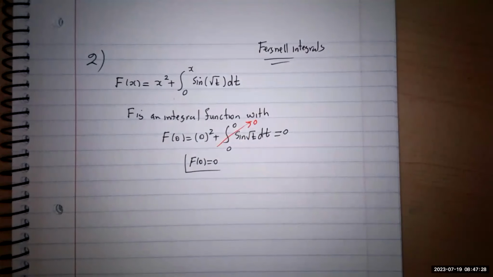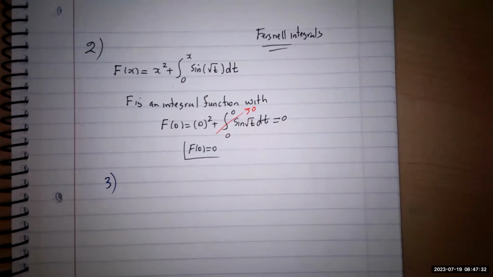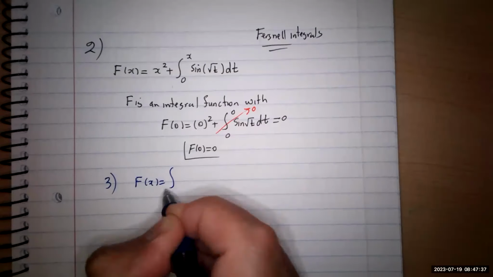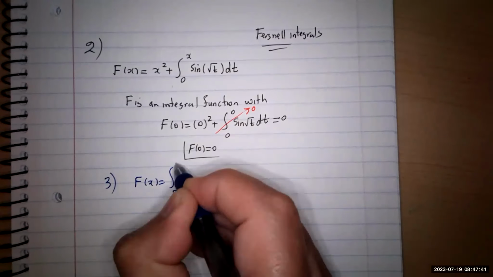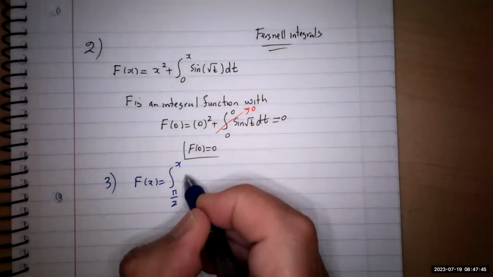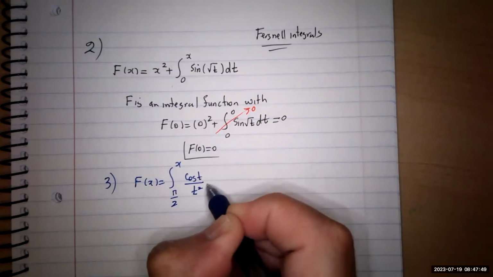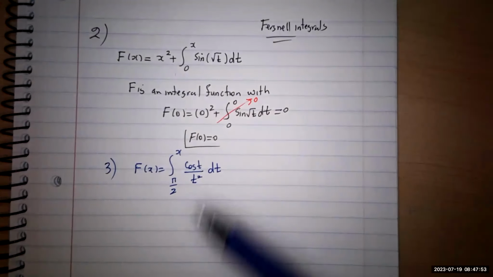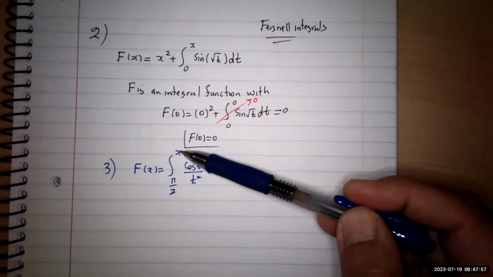There's another one that's impossible to find. This one, f of x equals the integral from pi half to x of cosine of t over t squared dt. Again, you see this function, the inside one is all continuous in this interval.